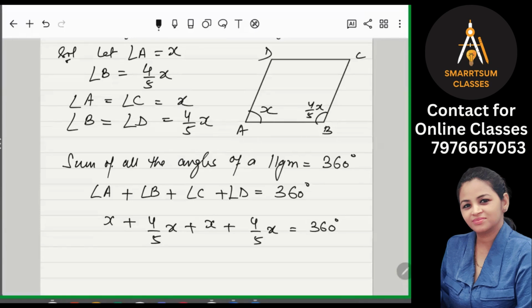Getting that? So this X and this X will become 2X, right? 4/5 plus 4/5 will become 8/5. 8/5 X is equal to 360 degrees.